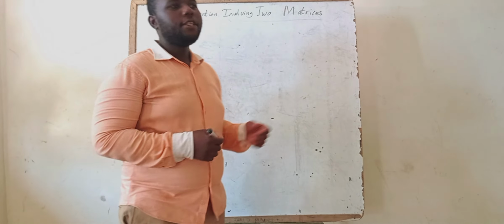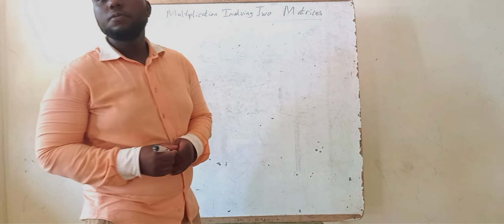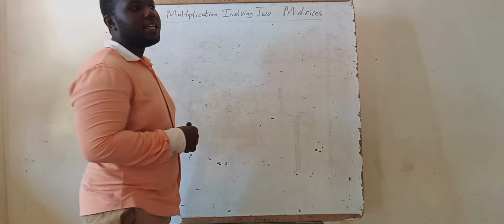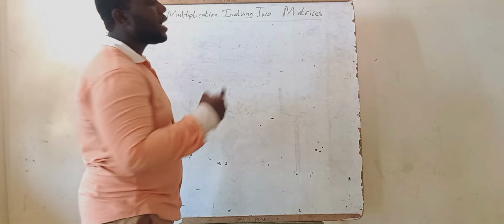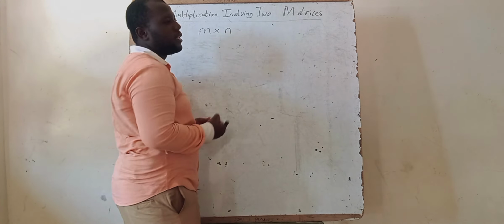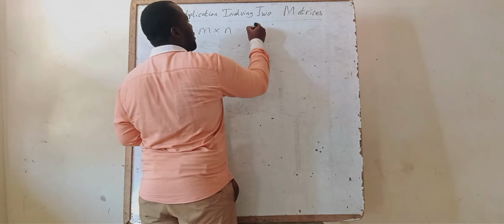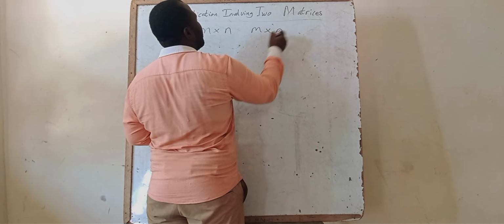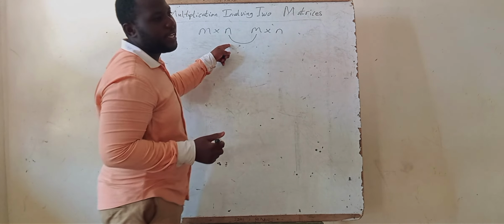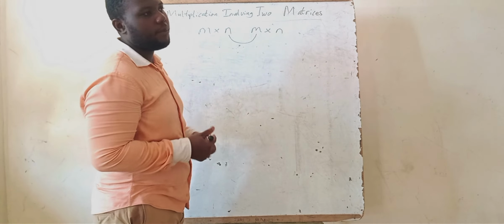Before we find AB and PQ, I would like to explain something. Multiplication of a matrix is only possible when we find the dimension of the first matrix, let's say m by n, then find the dimension of the next matrix, and the number of columns of the first matrix is equal to the number of rows of the second matrix.